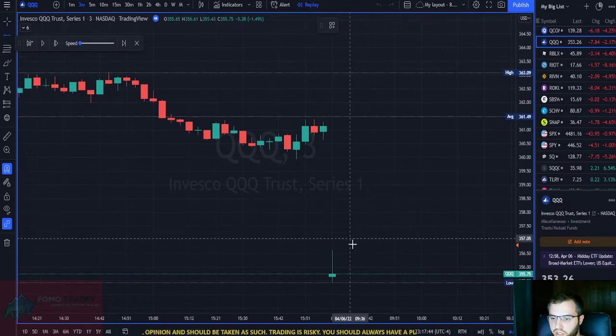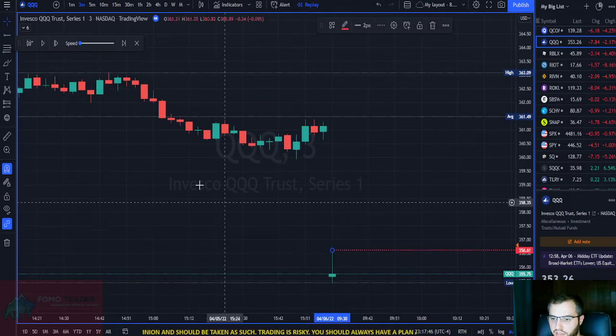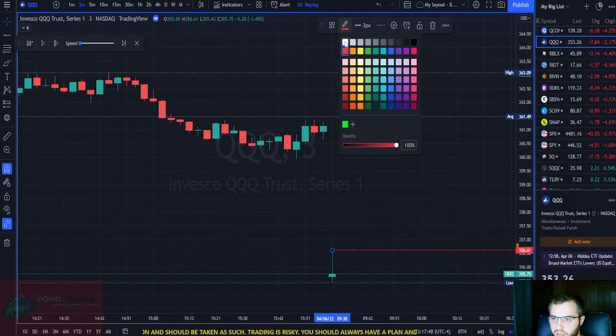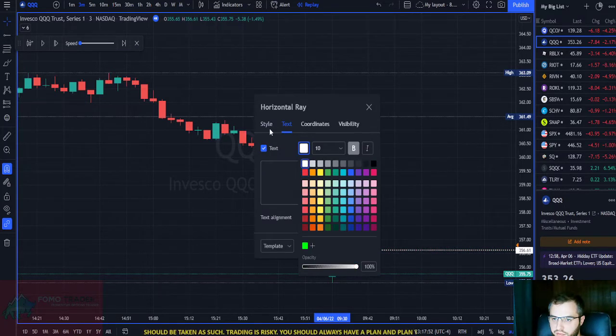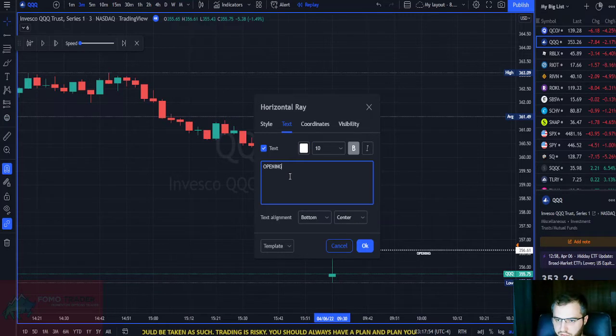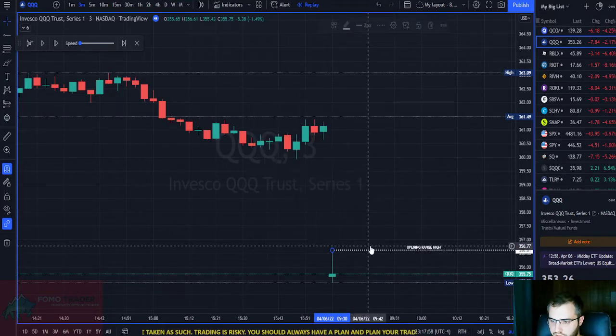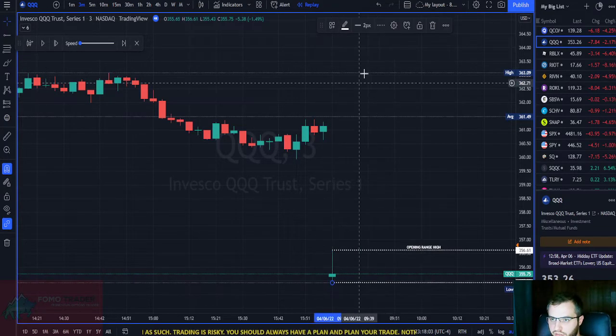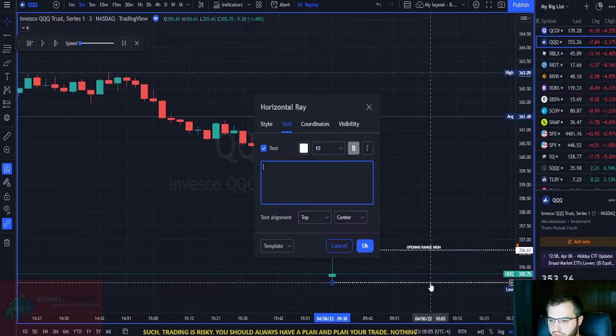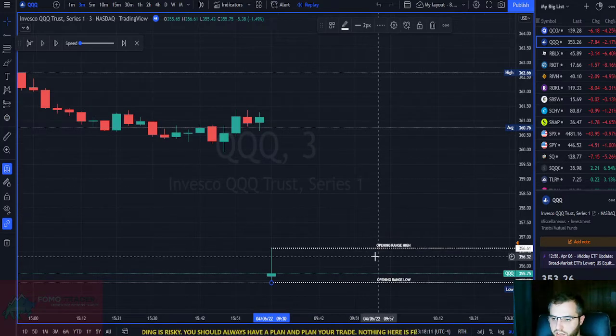So what we're going to do is plot the high of this candle, and then we are going to plot the low of this candle. So that is our opening range.